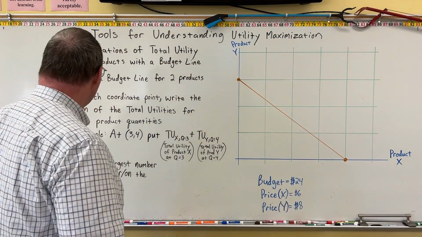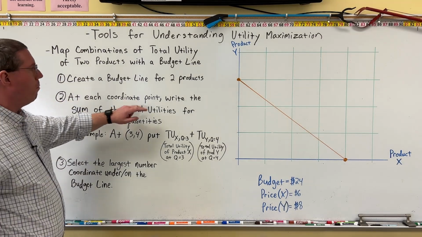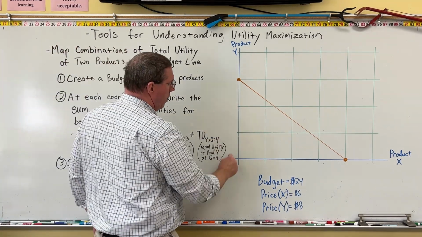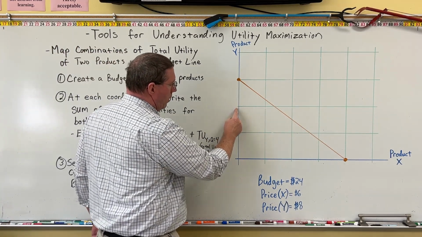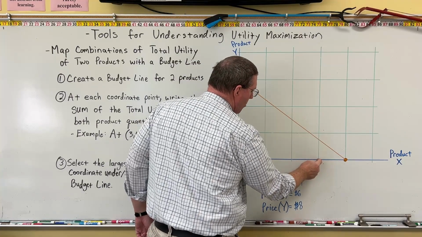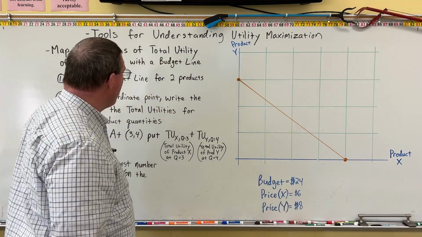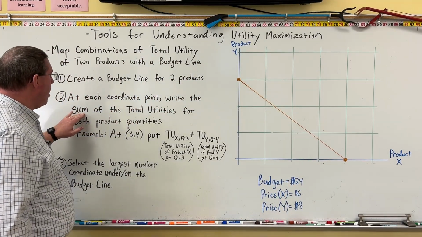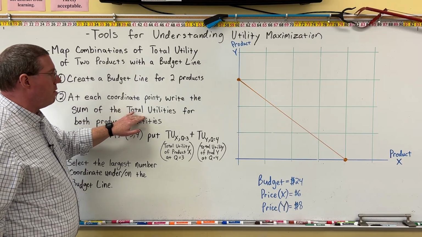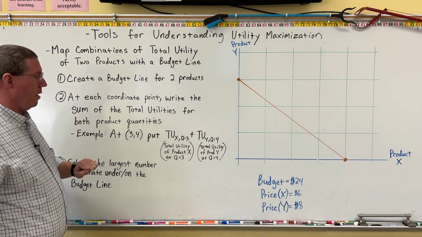And now what we're going to do is this. It says that at each coordinate point, so this is the coordinate point 0, 2. This is the coordinate point 3, 0. At each coordinate point, we're going to write the sum of the total utilities for both product quantities. Okay?